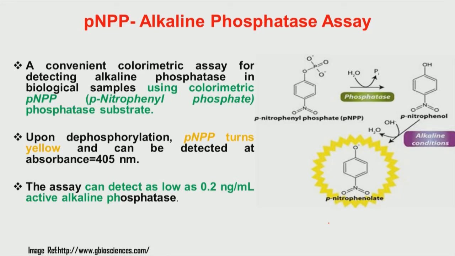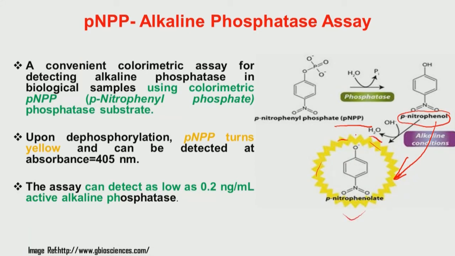This is a little bit more detail of the ALP assay. You have PNPP, that is p-nitrophenyl phosphate, and once you add alkaline phosphatase, under these alkaline conditions the p-nitrophenyl phosphate will undergo transformation to p-nitrophenolate, and you can see a certain color change.